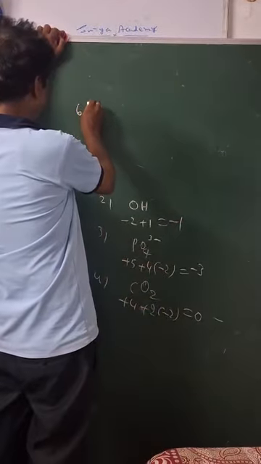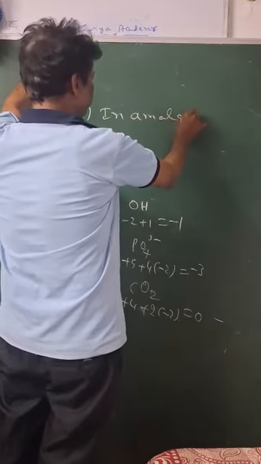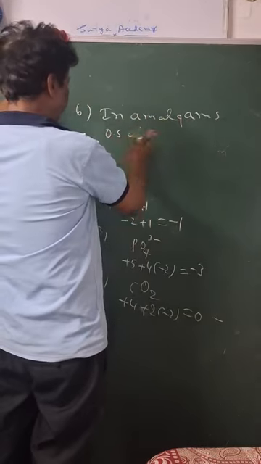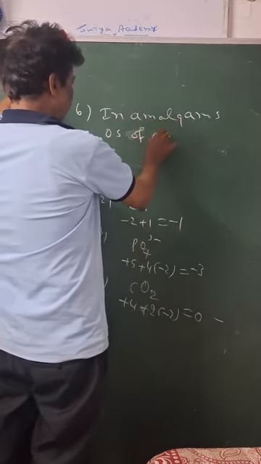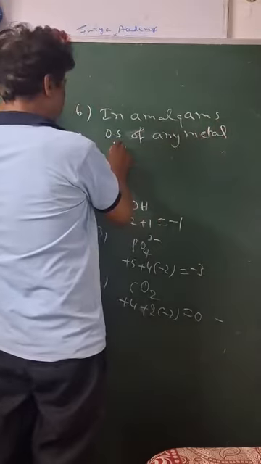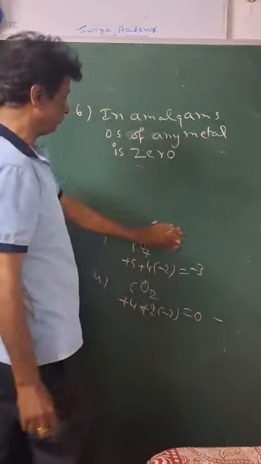Next one, in amalgams, the oxidation state of any metal is 0. Amalgam means metal plus mercury.